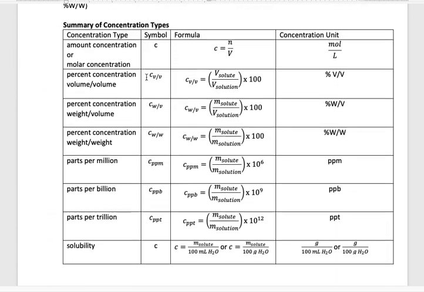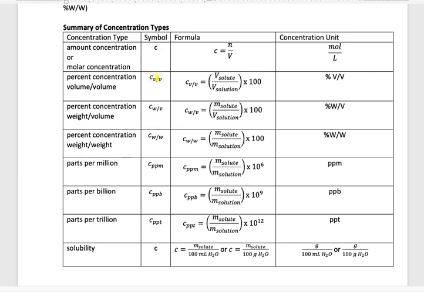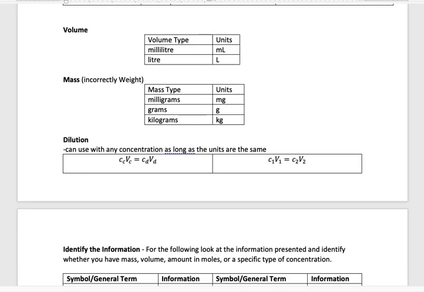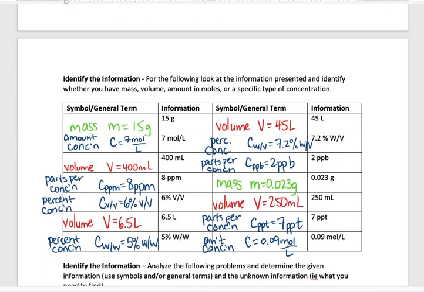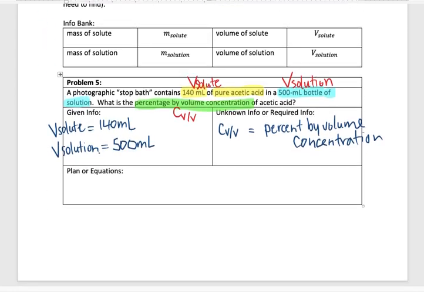We see that this is the volume concentration, so here is the formula. You can add that into your plan here. So our plan is that we're going to use this formula to find our information.